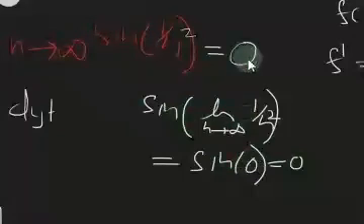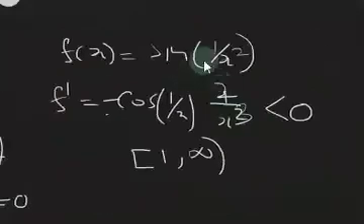And also you can show that this function is decreasing by finding the derivative of this one, right? If you differentiate this, you get this one here, right? So this is positive in this range, and this one is also positive, right?